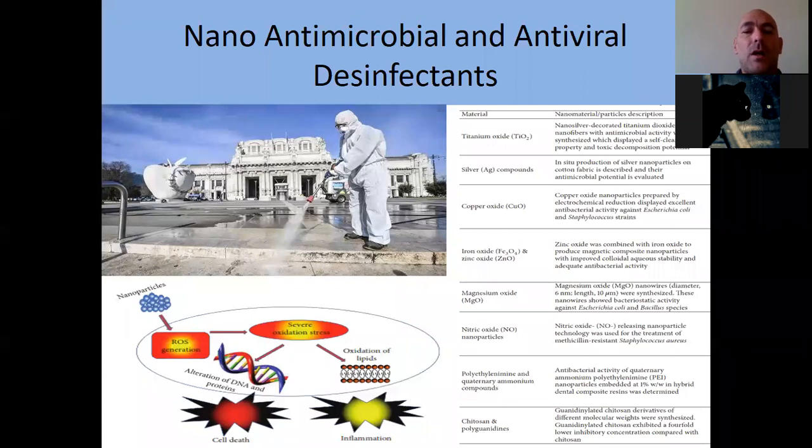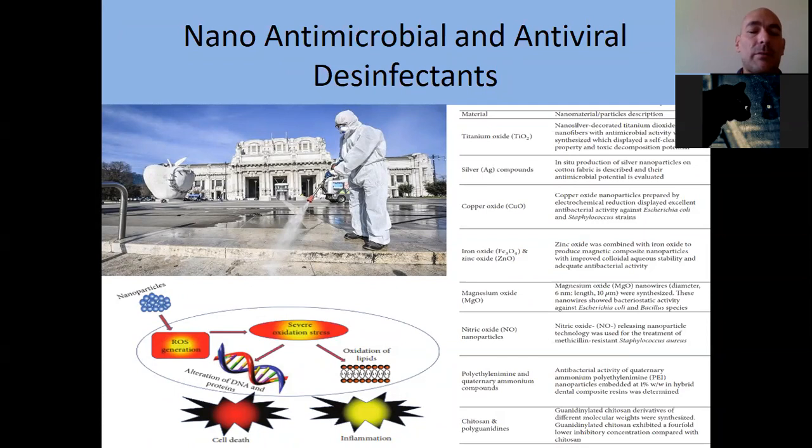On the right side, you can see a table listing nanomaterials, mostly inorganic nanomaterials that have been shown to be antimicrobial and antiviral. One of the most popular is, of course, copper oxide, CuO.